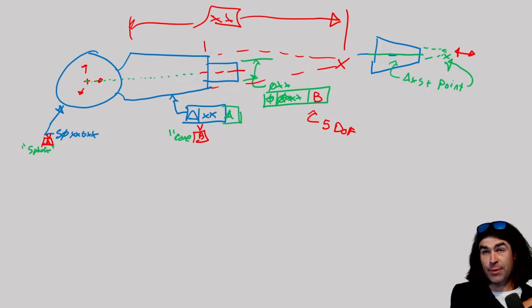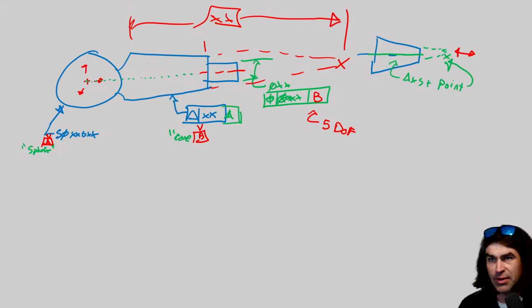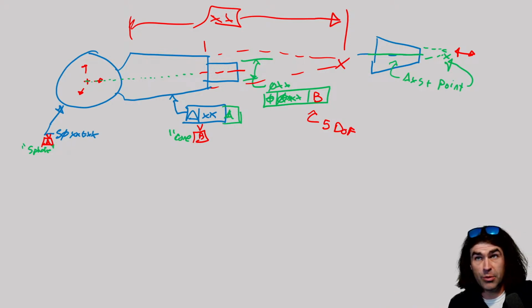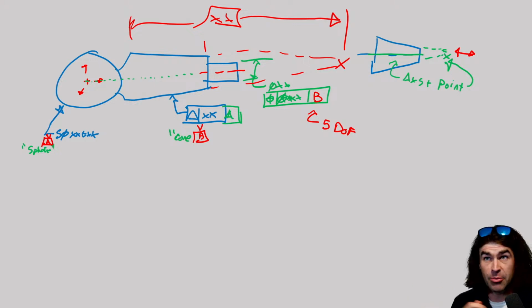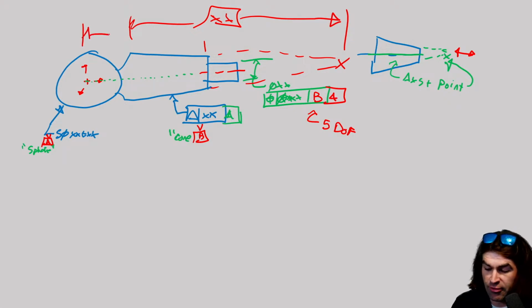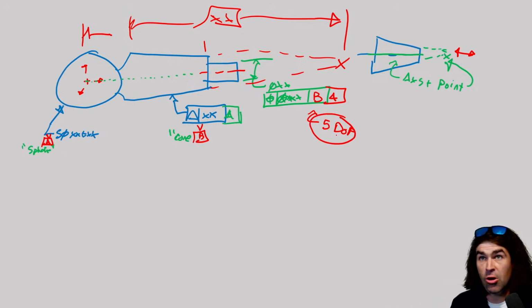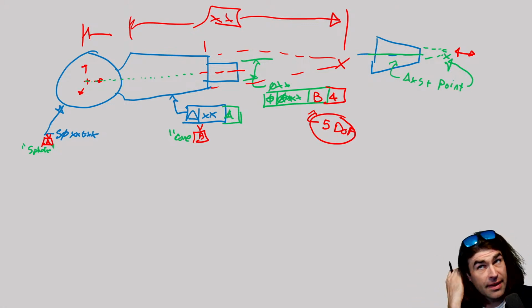The way it's defined, without doing a customized datum reference frame, which maybe we'll have time to talk about, all of these measurements should come from the apex of that cone, because that is part of that datum structure. Just by calling out B, I can't say, oh, well, I'll just call out A because I want to dimension everything from the center of the sphere. Because, again, with order of precedence, the primary takes away all the degrees of freedom possible. The secondary doesn't do anything in this case.